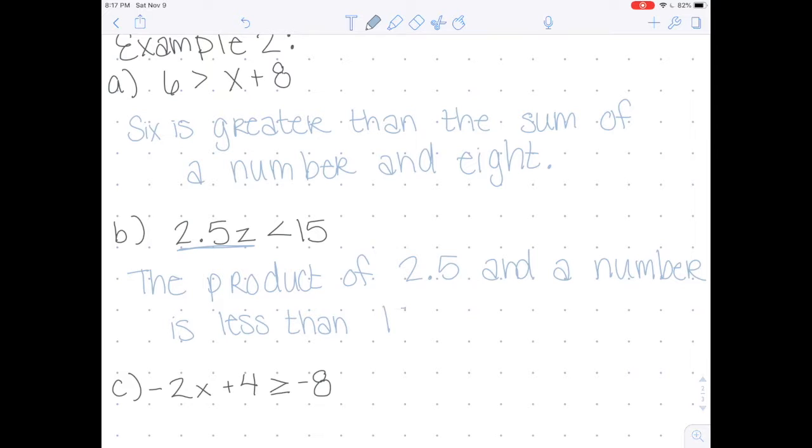There we are. It's not a huge deal if you don't write the numbers out in word form. Like here I wrote out 6 as a word. Here I just wrote down 2.5 as a number. That is not a huge deal. It's how you would write the sentence that we're more worried about. So let's keep working with this.